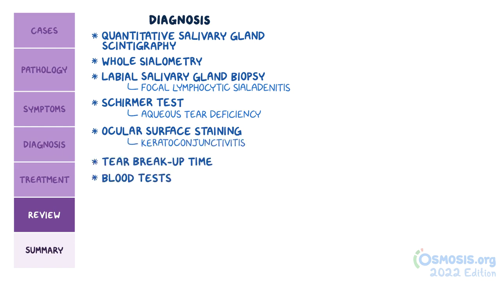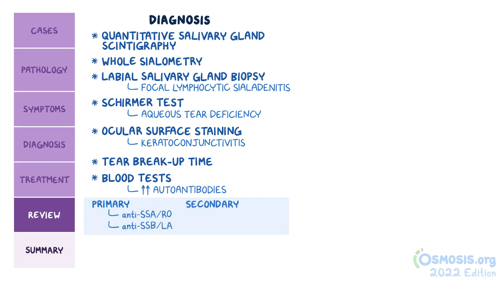Blood tests might also reveal elevated levels of autoantibodies. Primary Sjogren syndrome is associated with anti-SSA-Ro and anti-SSB-La, while secondary disease can also present with other antibodies, like ANA and rheumatoid factor. Pulmonary function tests should also be performed to assess lung function.